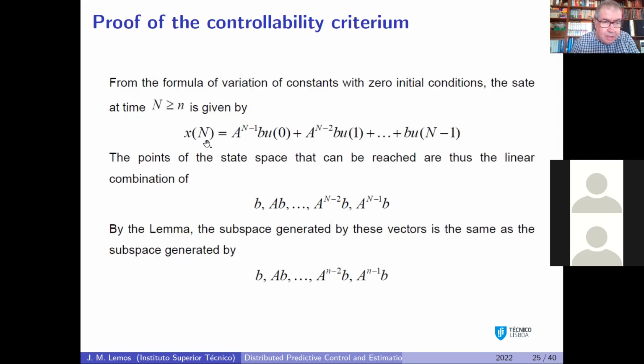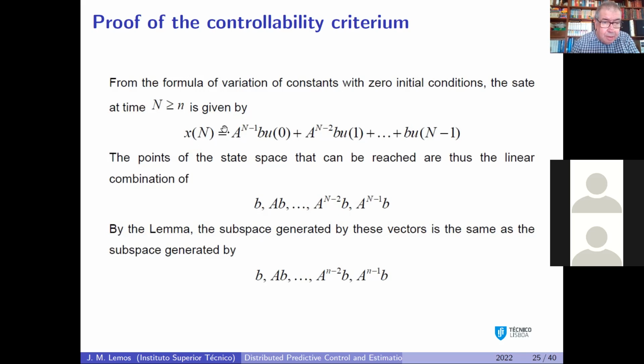It means that x_N will be a linear combination of these powers of A times B, and the coefficients of the linear combination are the values of the control between 0 and capital N minus 1. So if I specify x_N, what I have to do is to find the coefficients u_0, u_1, up to u_(N-1).